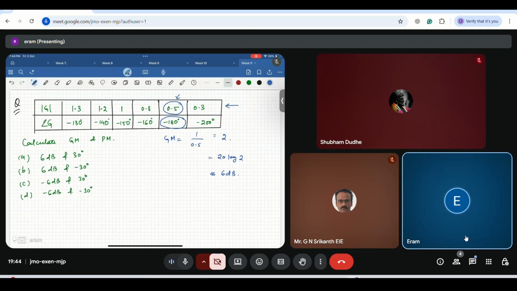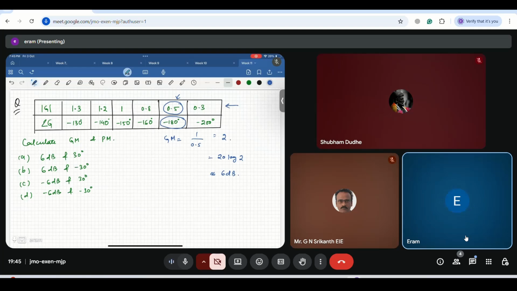And what is then the phase margin? How is phase margin defined? It is how much phase lag should be given to the system at gain crossover frequency such that its phase becomes equal to minus 180 degrees.